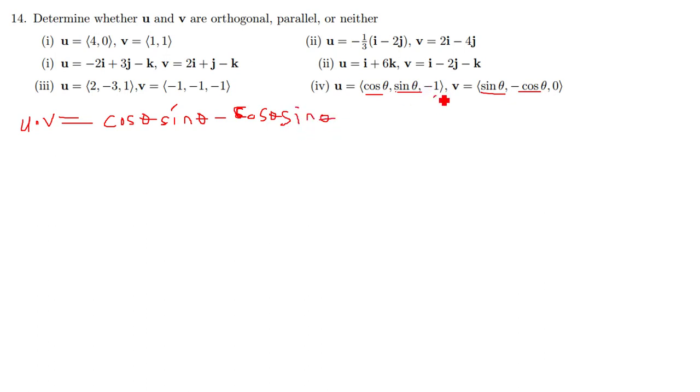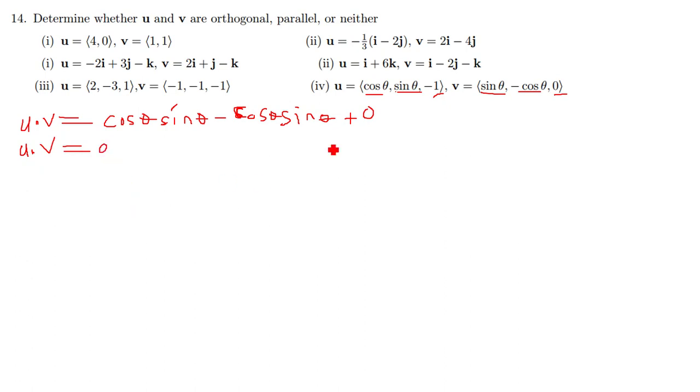And then negative 1 times 0, you just get 0. So when you add cos theta sin theta minus cos theta sin theta plus 0, the answer that you get is 0. So your U dot V is equal to 0.